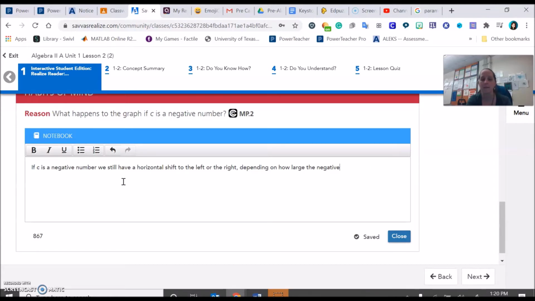It's more likely going to go to the right. So shift to the right, depending on how large the negative number is.